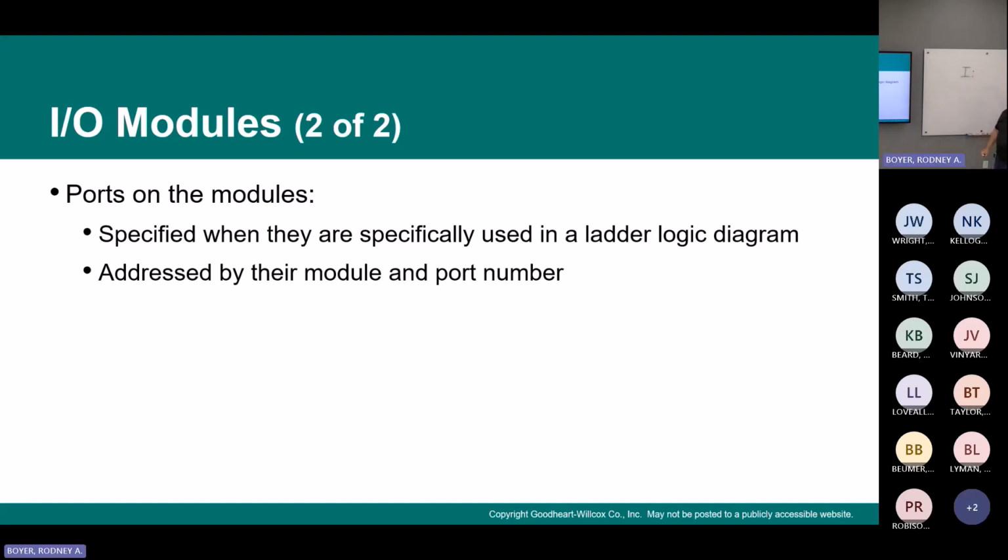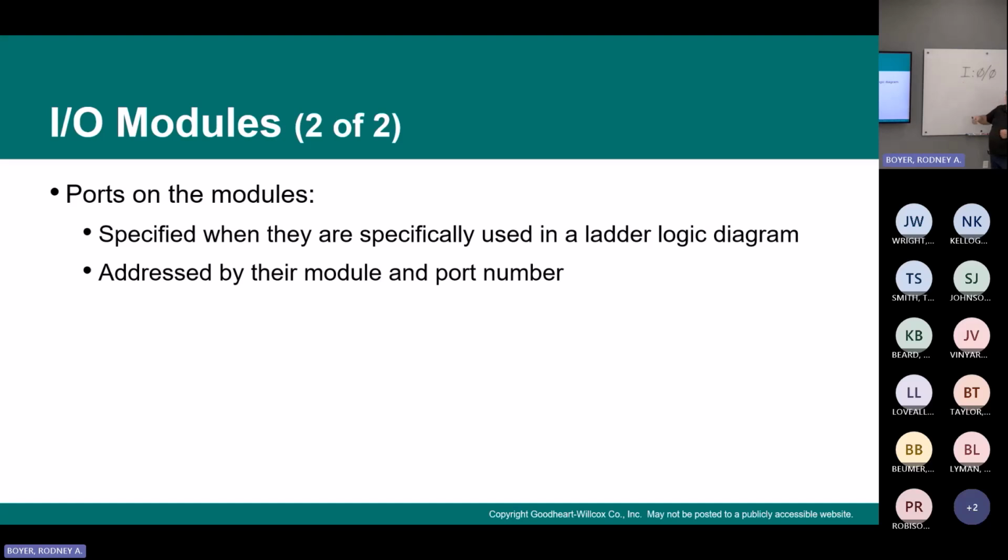And then we're going to start at slot 0 with the controller itself. Then a slash, and then the port number that we're going to use. So start in the basement and put 0/0. Then you go to 0/1, 0/2, 0/3, and so on. We're going to learn a lot more about addressing as the semester goes on.